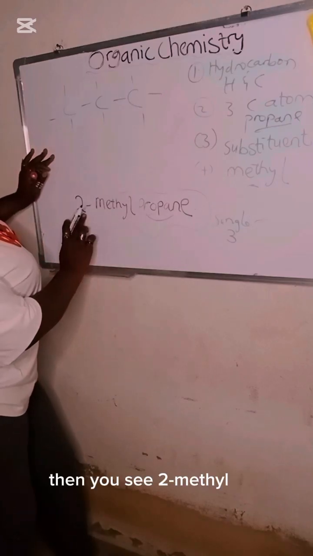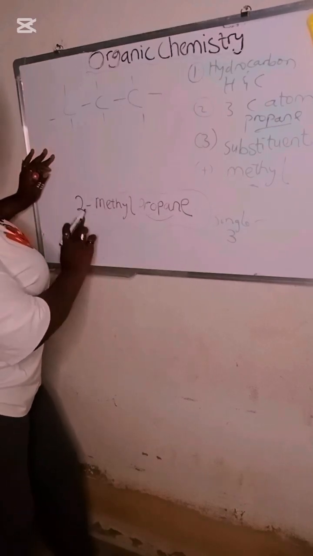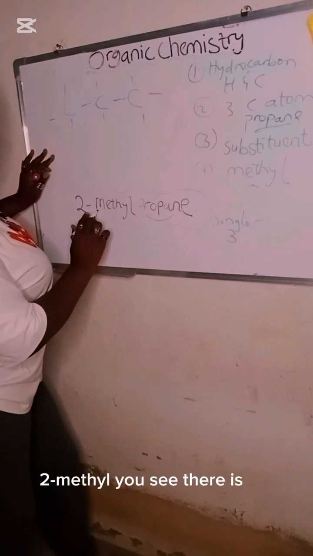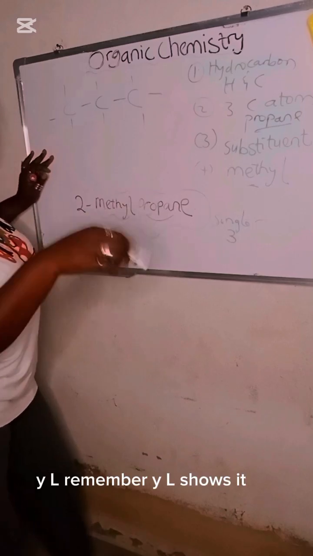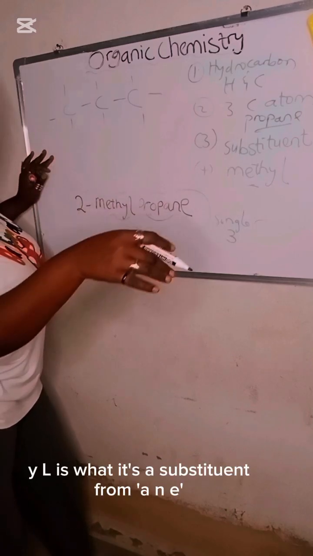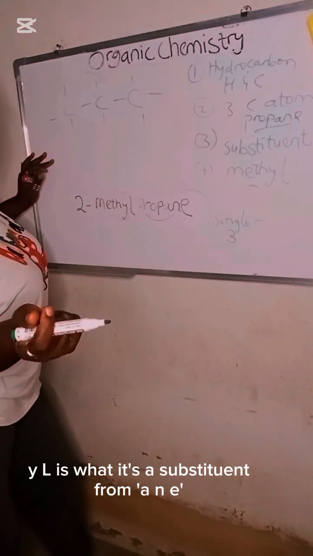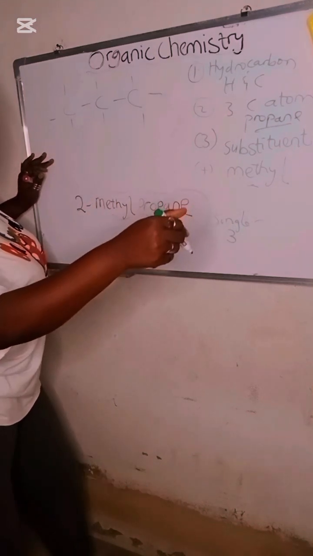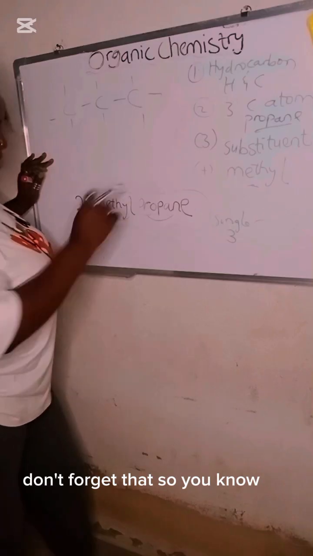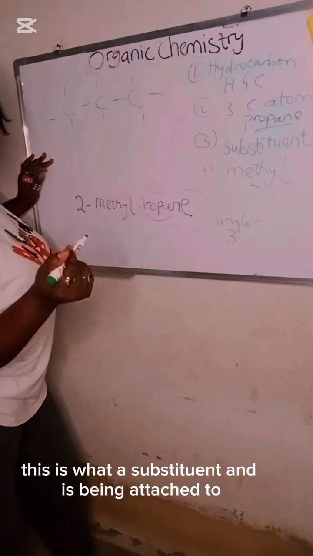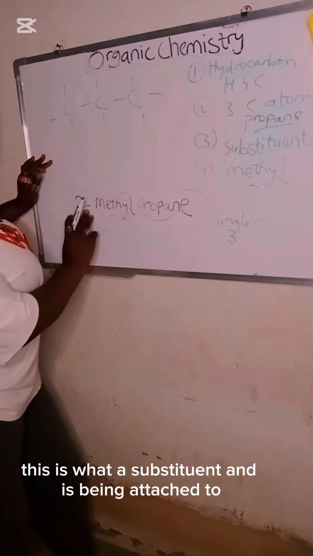Then you see 2-methyl. You see there is a substituent. Remember, YL shows it. YL is what? It's a substituent from ANE to YL. Don't forget that. So you know this is a substituent, and it's being attached to what?